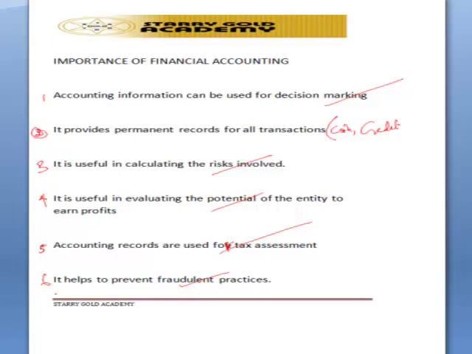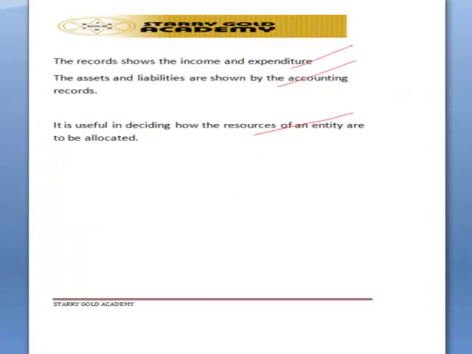And six, it helps to prevent fraudulent practices. Number 7, the record shows the income and expenditure. Number 8, the assets and liabilities are shown by the accounting records. Then 9, it is useful in deciding how the resources of an entity are to be allocated.